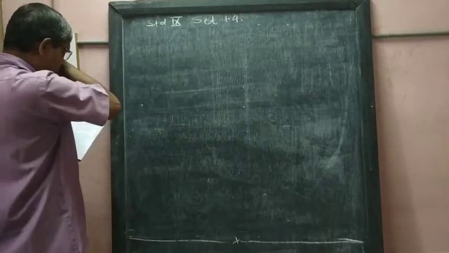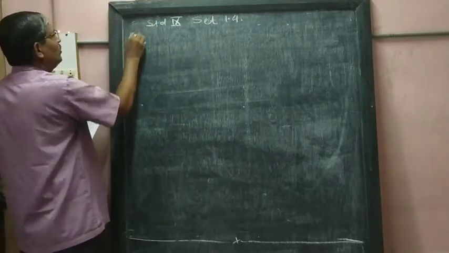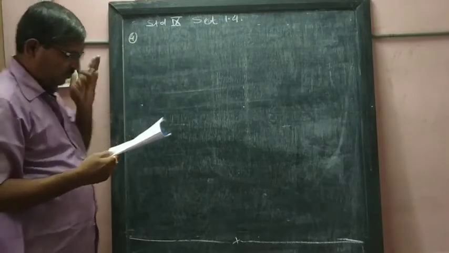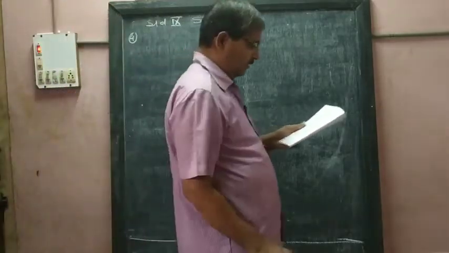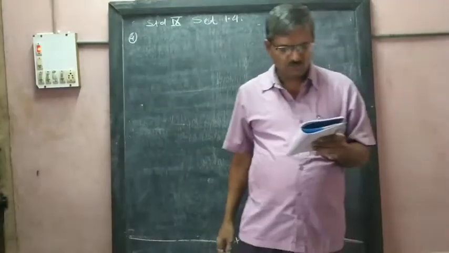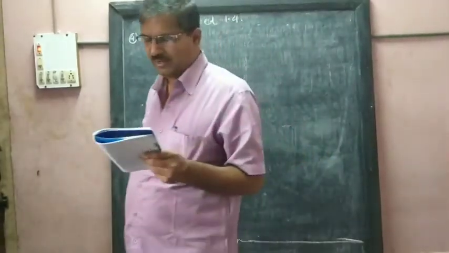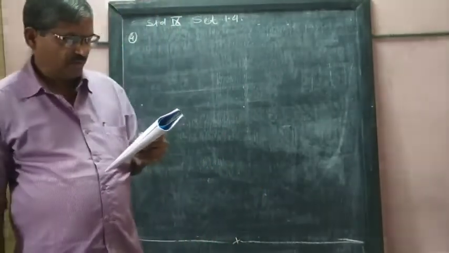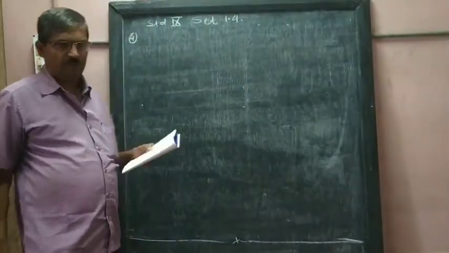Question number 4. I am not writing the question here, as I don't want to waste my time writing it, so I am taking it directly. A survey was conducted to know the hobby of rock climbing, and 180 students informed about their hobby.